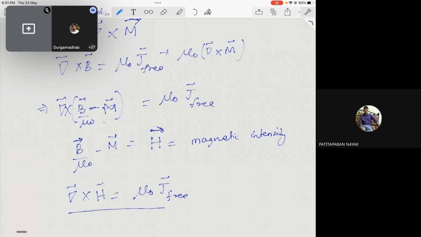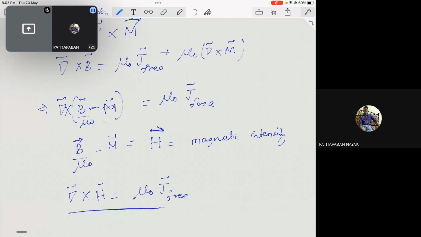The question is that in the last equation which you have written, mu 0 will be there, but in the book expression it is not there, that's why it is a little confusing. Which equation are you talking about? The analogous equation in material, curl of H equal to mu naught into J free.